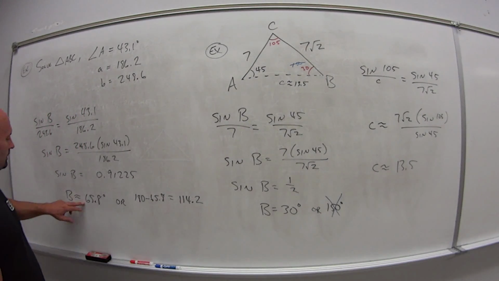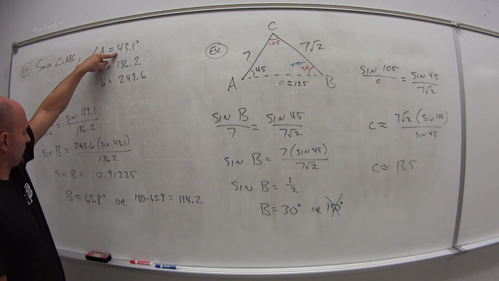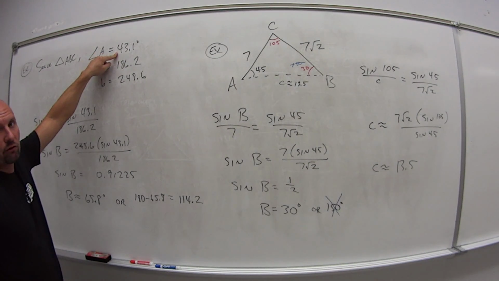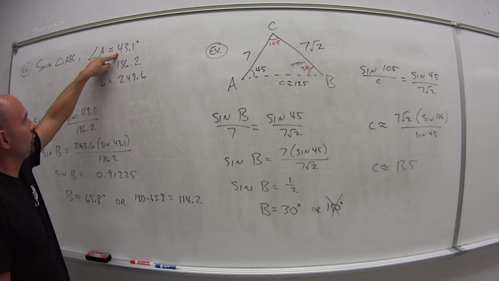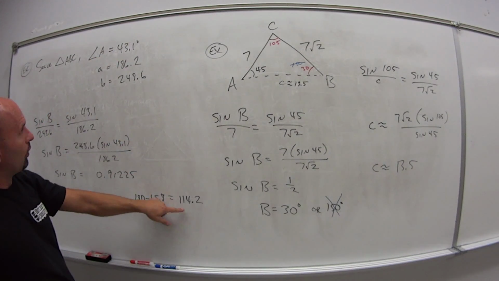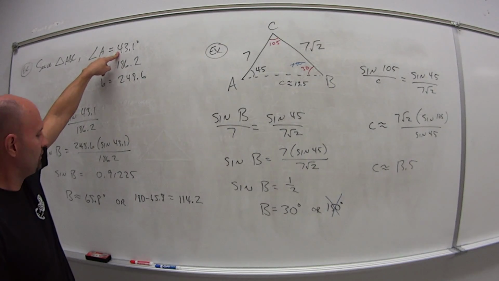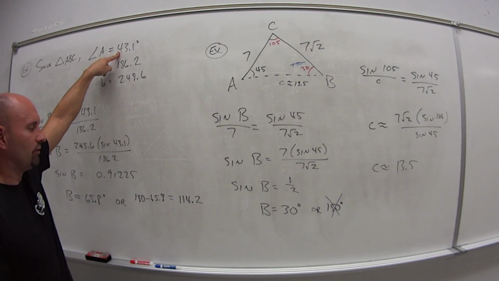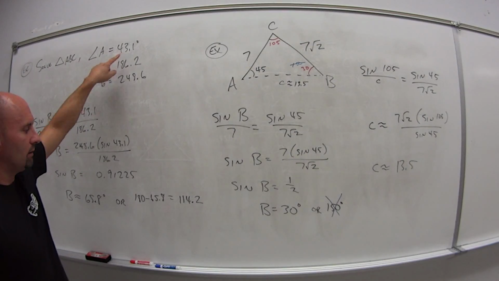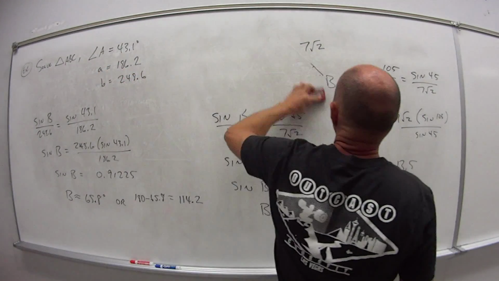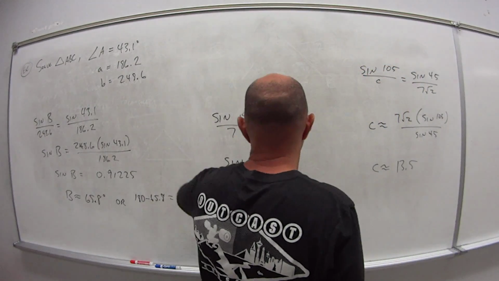So now do either of these work? Well, 65 plus 43, that's about 108. So that's okay. I still have an angle left over for C. And 114 plus 43, that's about 157. So that one is still okay because that's under 180 degrees. So in this case, I actually end up with two possible triangles.